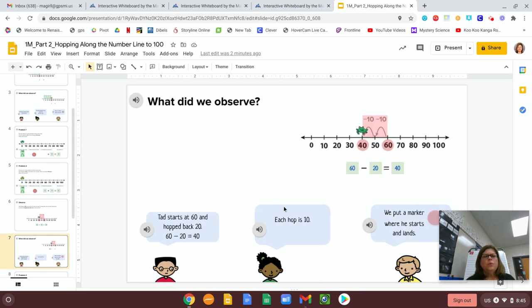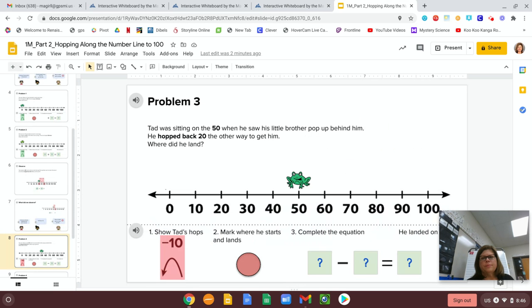So what did we observe? Well, Tad started on 60 and he hopped back 20. 10, 20. So now he's on 40. Each hop is 10. And we know that. Okay?